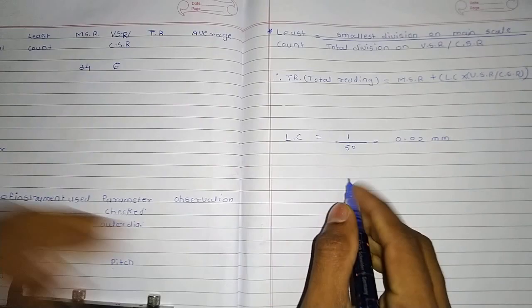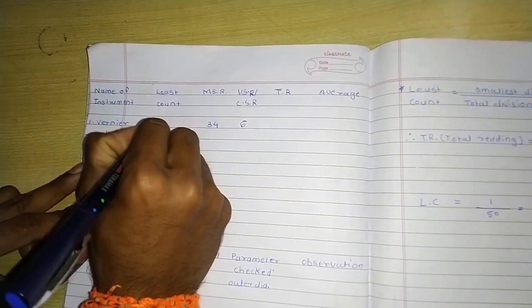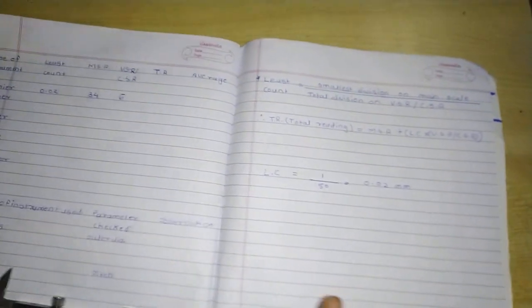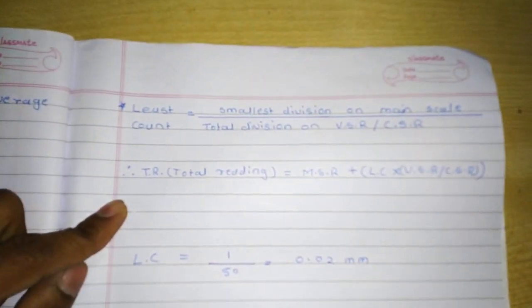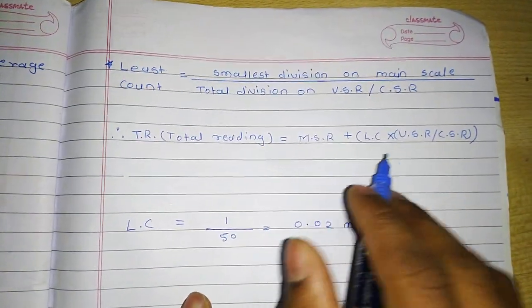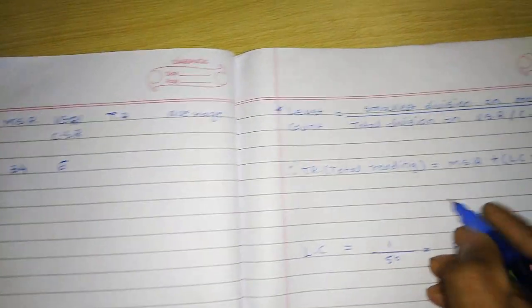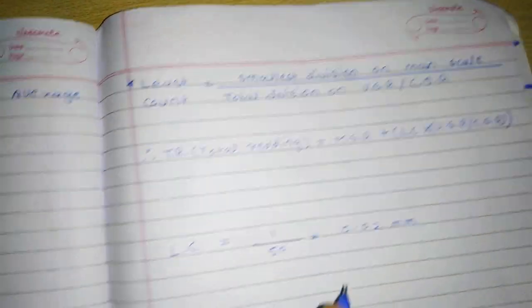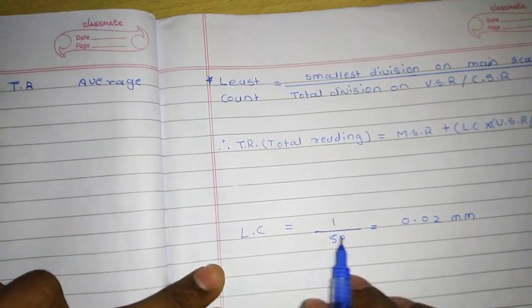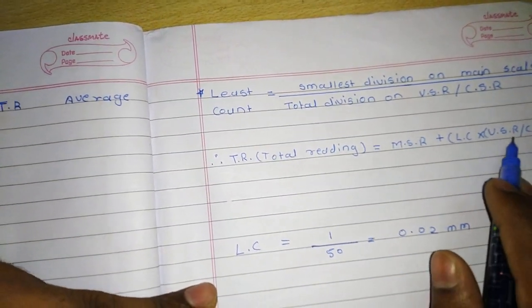So now we have found the LC. Put LC here. Now we find TR, meaning total reading. This is the formula for total reading: MSR plus LC into VSR. MSR means main scale reading, LC means least count, and VSR means vernier scale reading.